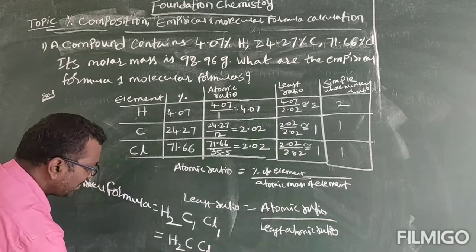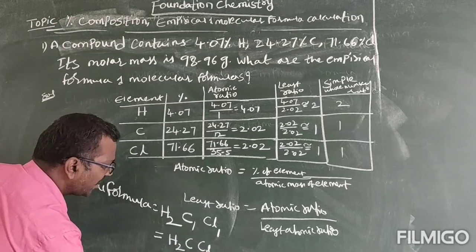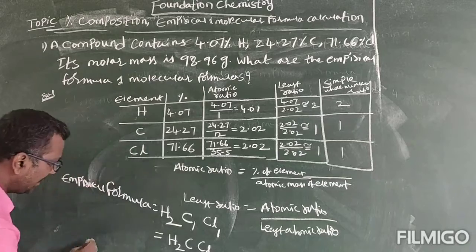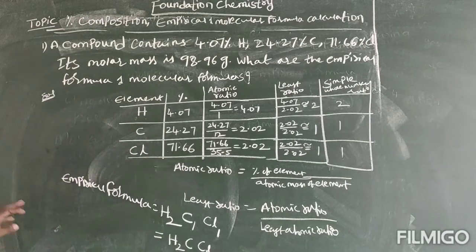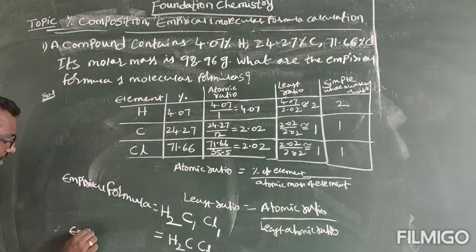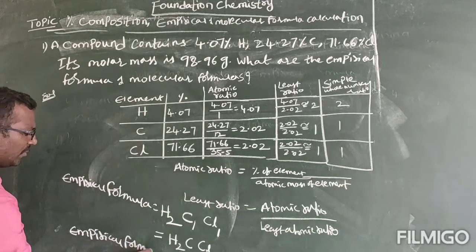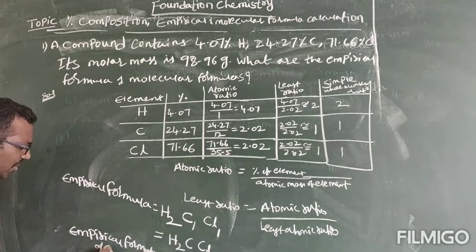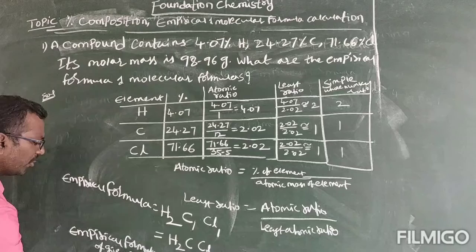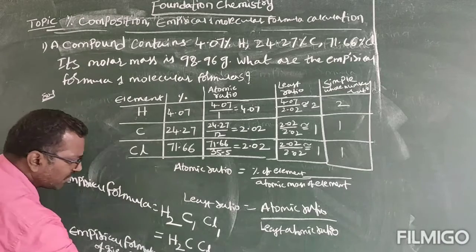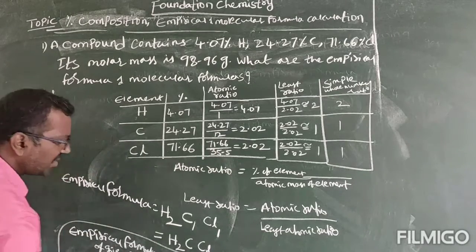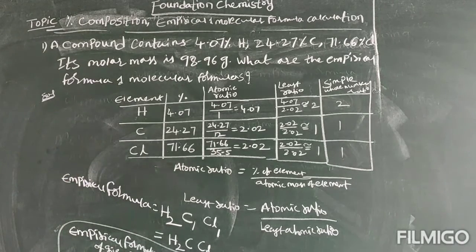You can write like this also. C H to Cl. This is the empirical formula of the given compound. You have got the empirical formula of the compound as CH to Cl.